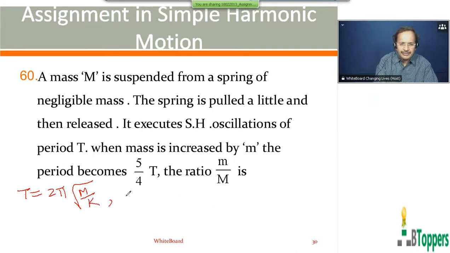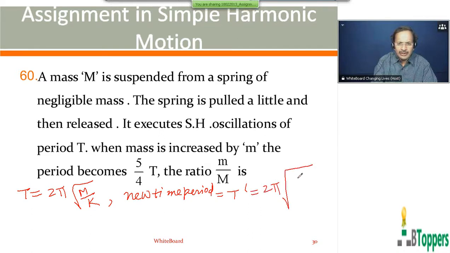In the second case, the new time period is denoted by T dash, equal to 2 pi root of the total mass, which in the second case will be the original mass capital M plus the increase in mass, denoted by small m, divided by K. But the elastic force constant K is a constant for a given spring.